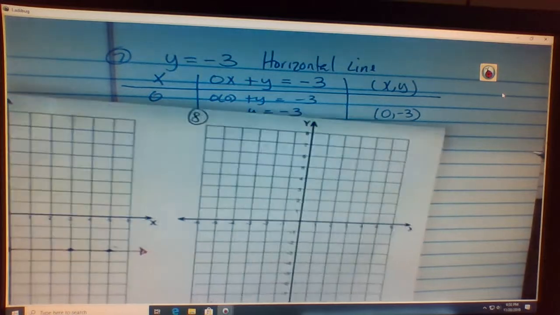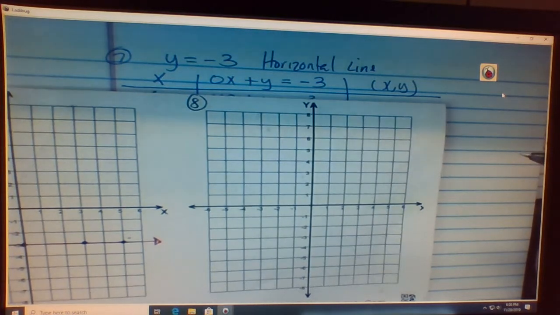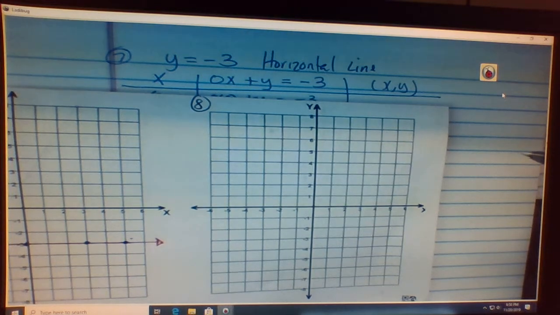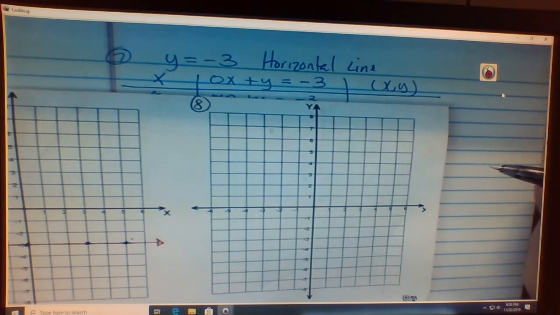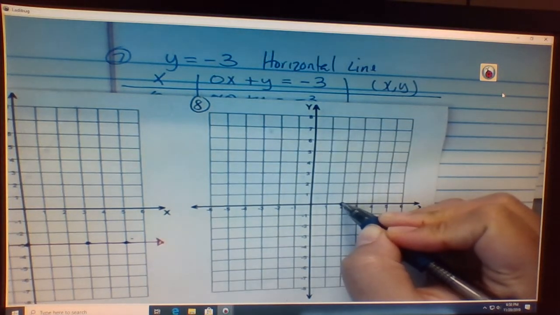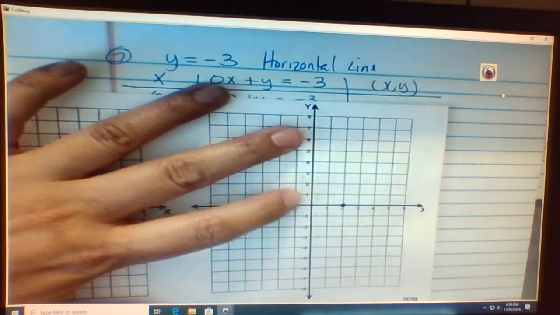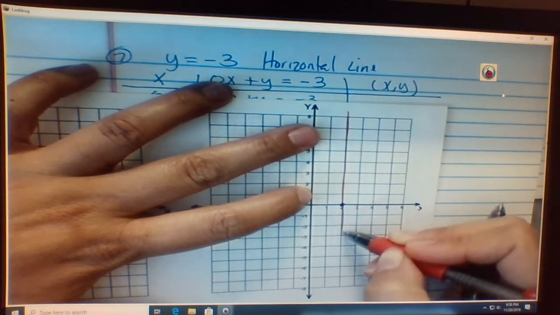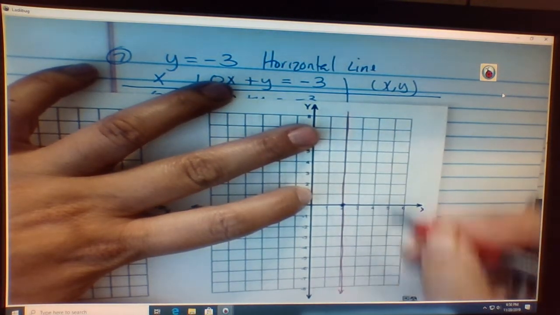And where do you think that vertical line goes? On the 2 for x, right? So there is a line going straight down. It's a vertical line.